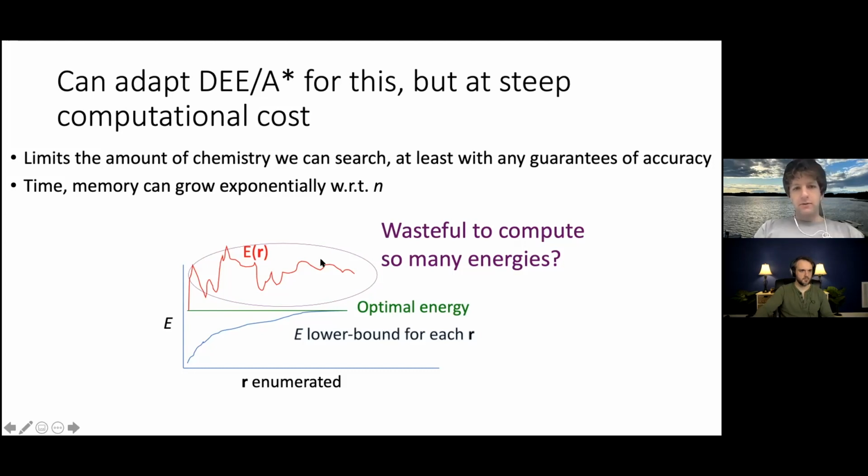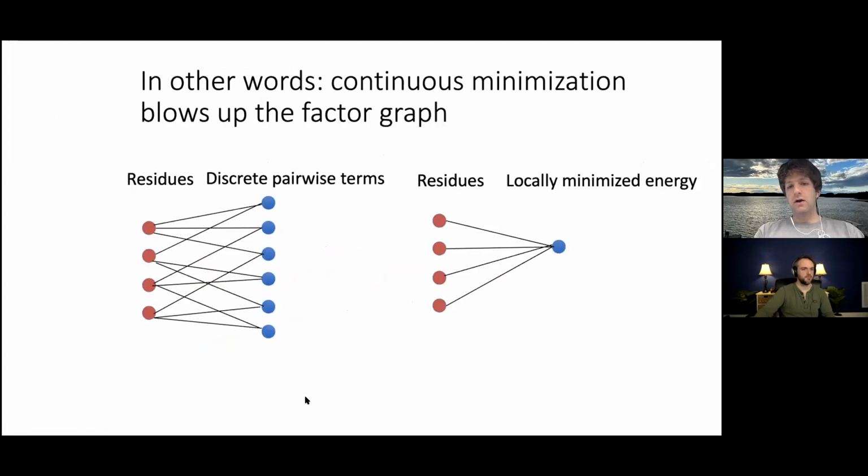So, of course, the root cause of this is really the factor graph blowing up. When you have that Coulomb model, when you have a discrete pairwise model, you have these energy terms that really just depend on the rotamer assignment to two residues. But once you're doing a locally minimized energy, an E of R for a full R, that depends on all the rotamer assignments.